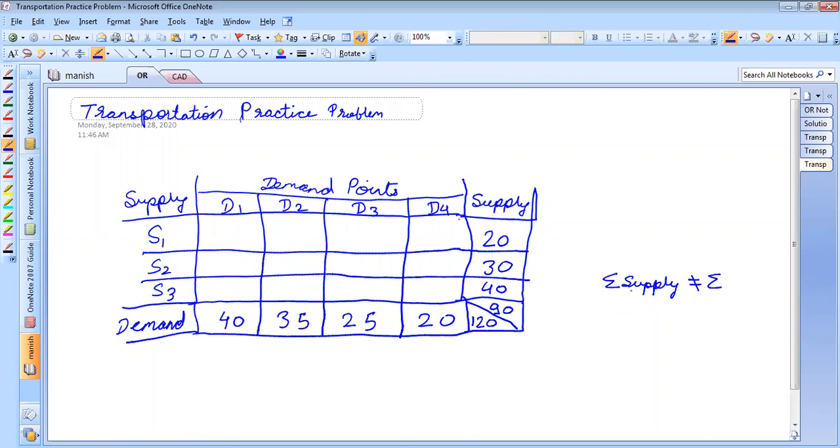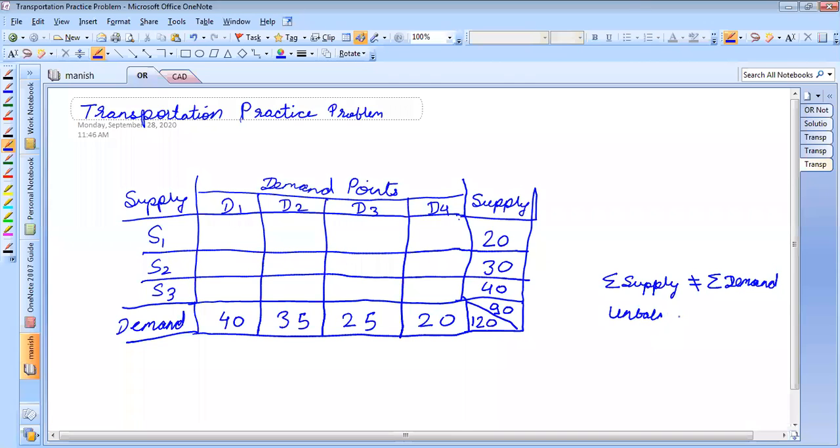When the summation of supply is not equal to summation of demand, what do we call this problem? Unbalanced problem. Exactly. This is called unbalanced problem.